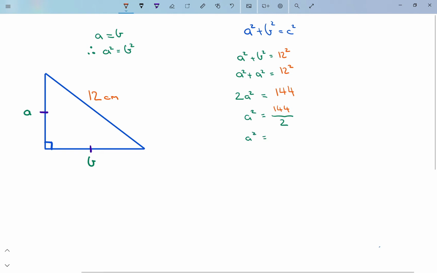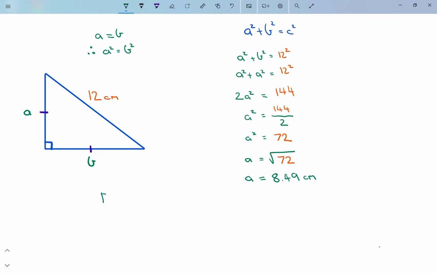Right? Now again, we just have that single variable. So now that we have this, we can just use our square root function on our calculator to find the square root. So a equals the square root of 72. And once we've done this, we put that in our calculator and we find a equals 8.49 centimeters.